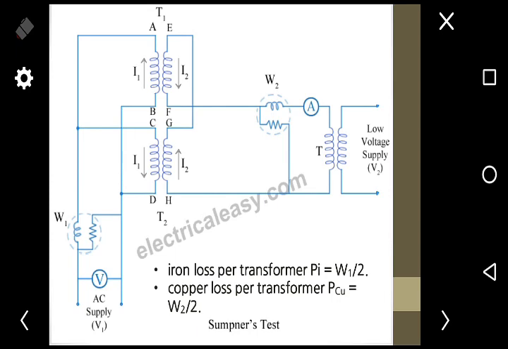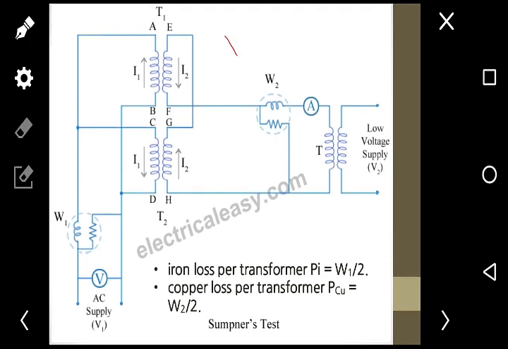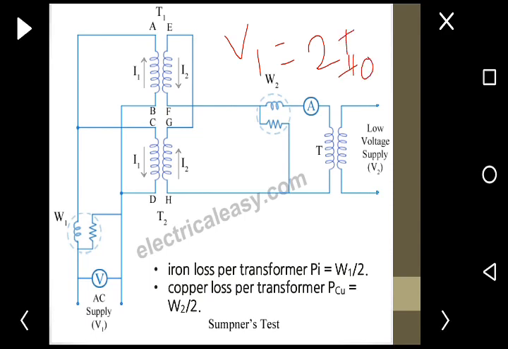The current drawn from V1 is equal to 2 I naught, that is double the no load current, where I naught is the no load current of each transformer.